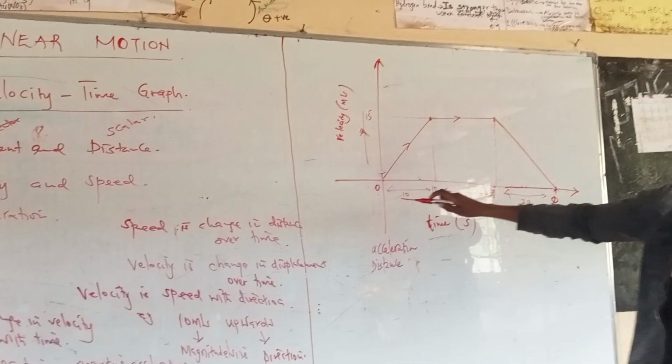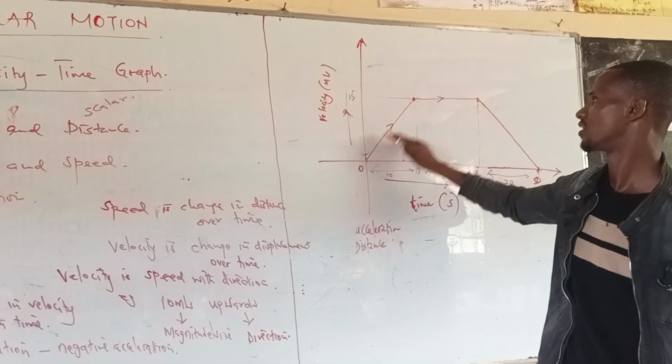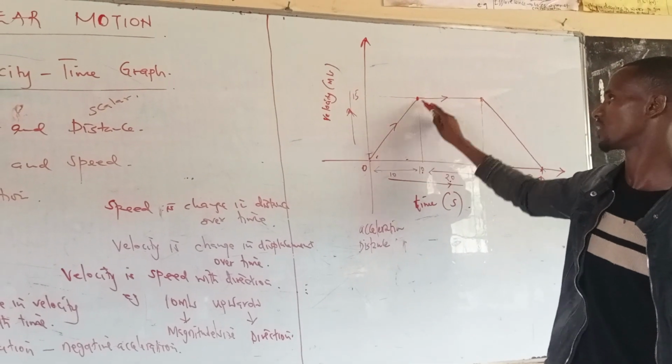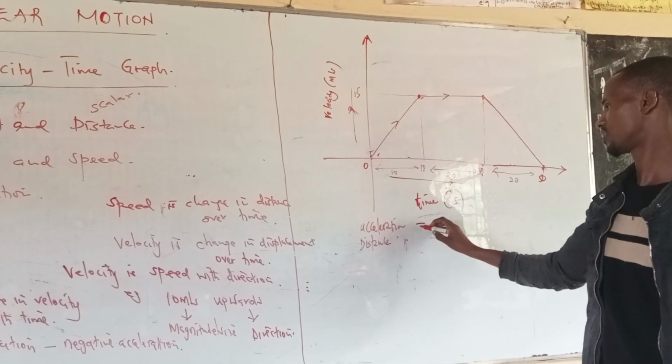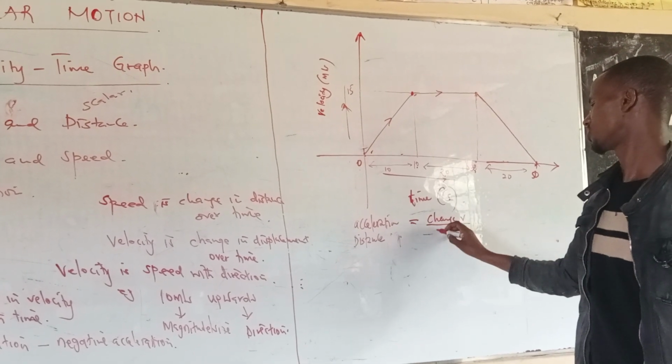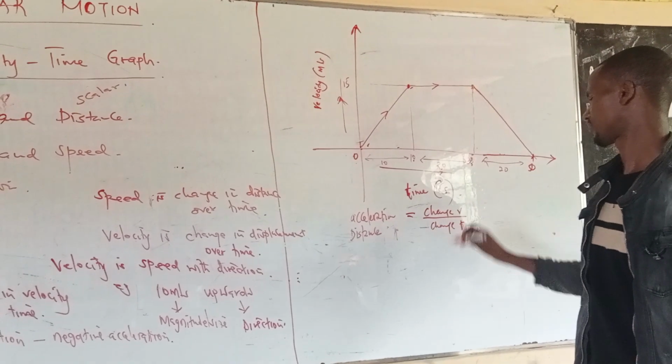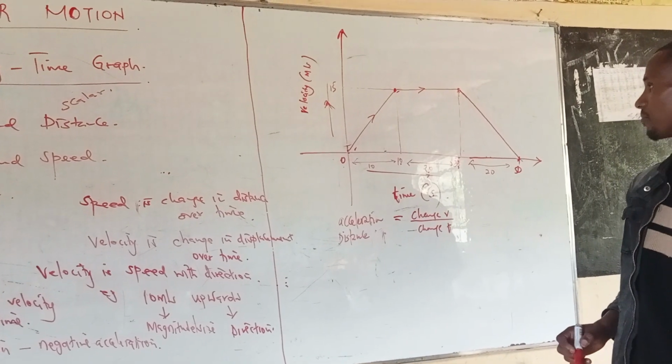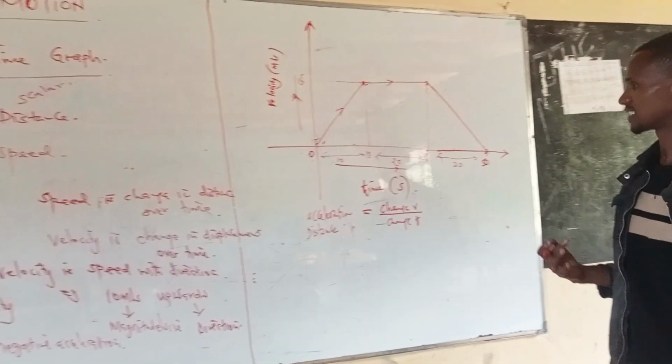We get acceleration by getting the gradient of this line, because we know that acceleration is equal to change in velocity over change in time. How can we get that?